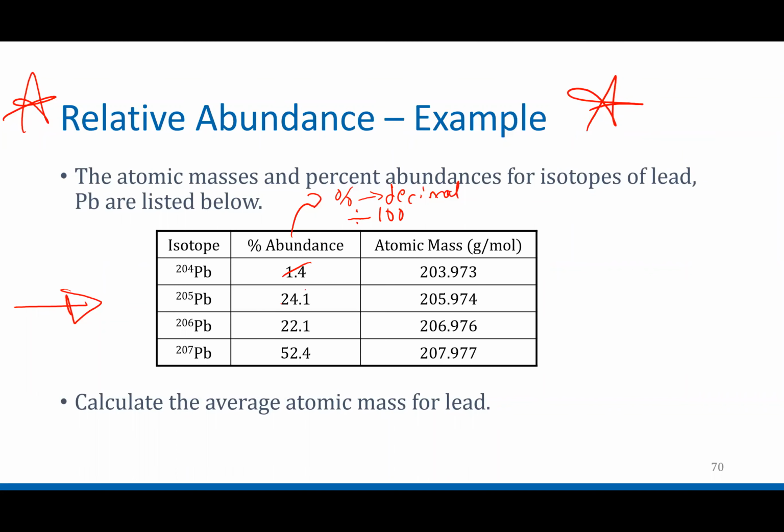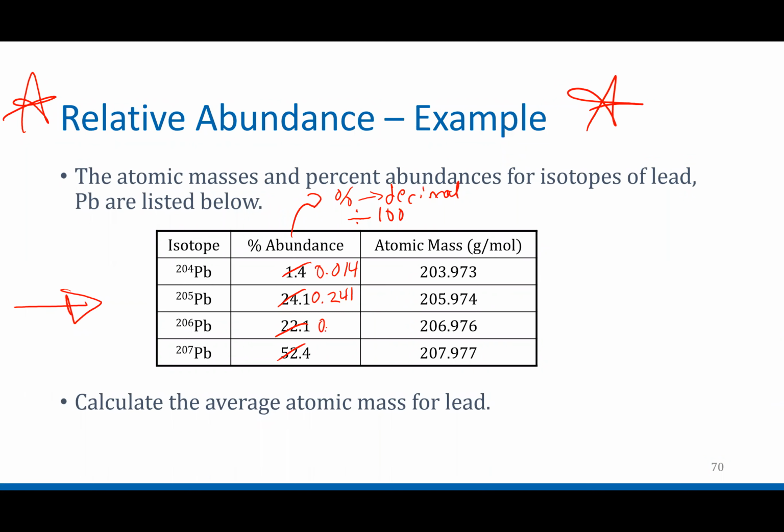So all of these percent numbers I'm not going to use. This number becomes 0.014. And again, all I did there is divide it by 100. This number becomes decimal 241. Let me clean that up just for calculation purposes.